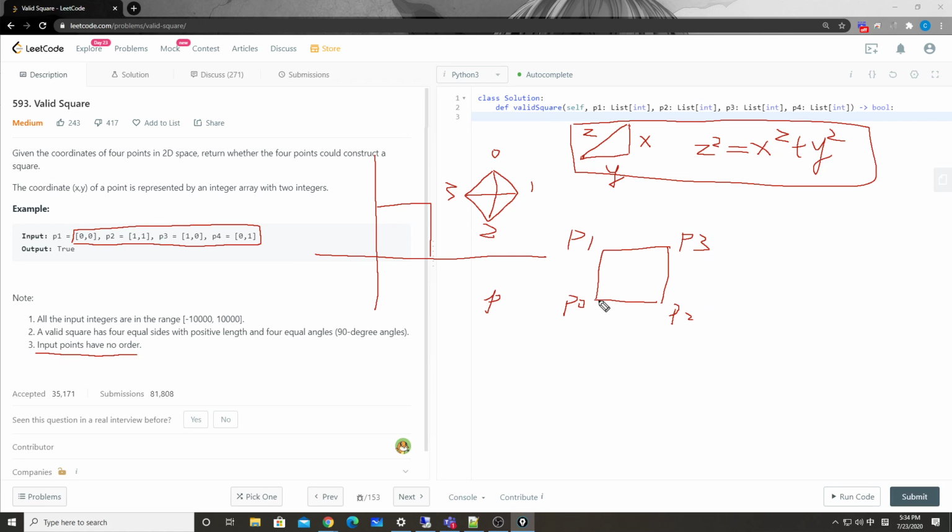Let's say this is x and y. If we sort by x and then by y, we'll have p0 here, p1, p2, and p3.